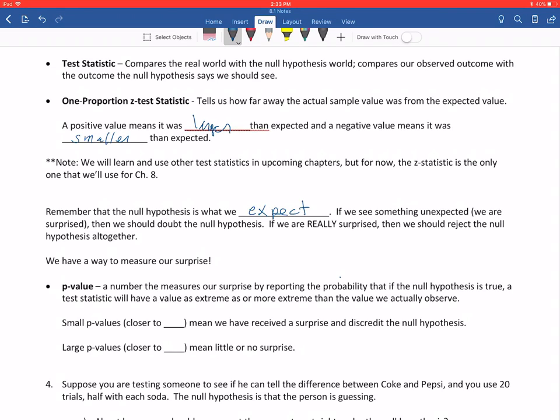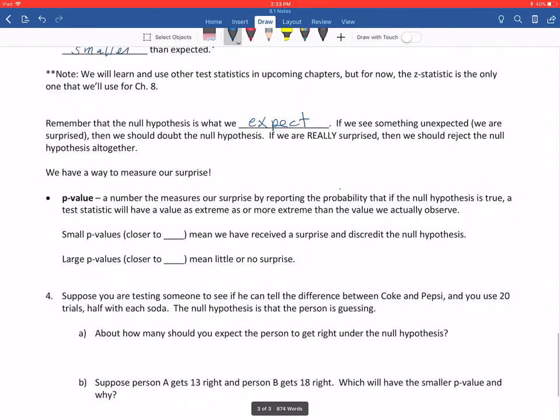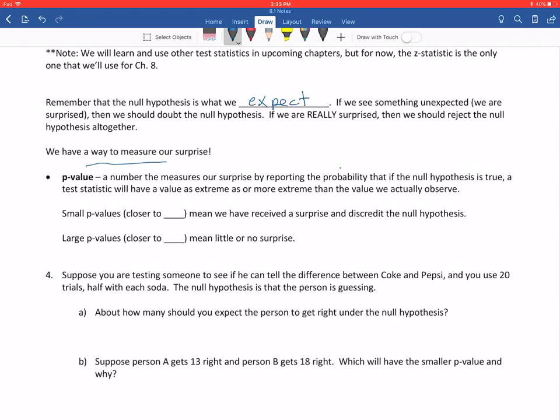So remember, the null hypothesis is what you expect. And if you see something unexpected, you would be surprised, and you should doubt the null hypothesis. And if you're really surprised, then we should reject the null hypothesis idea altogether. And we have a way to measure our surprise. And this is what everything is going to rely on.